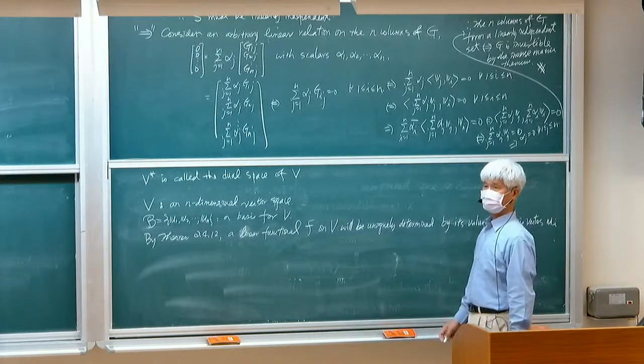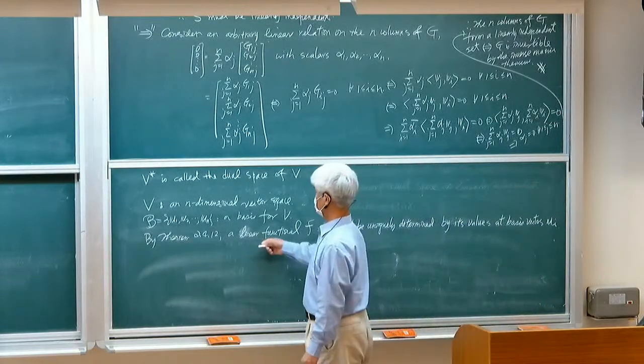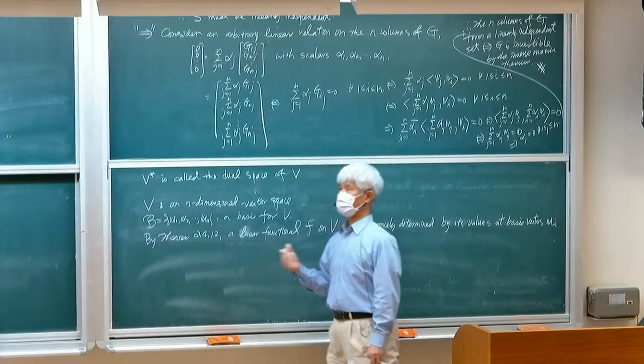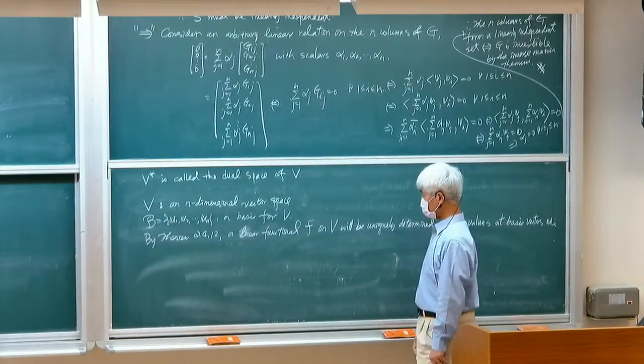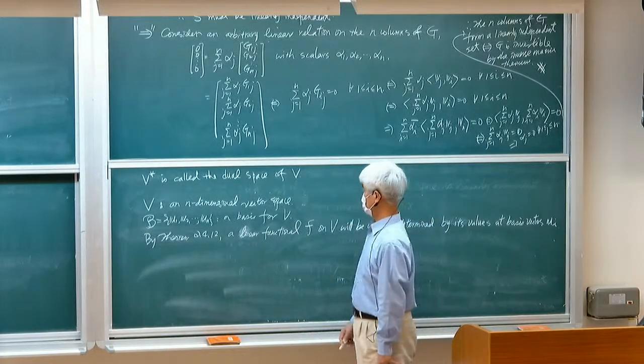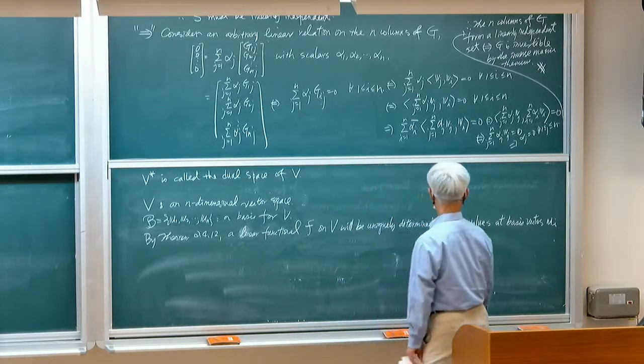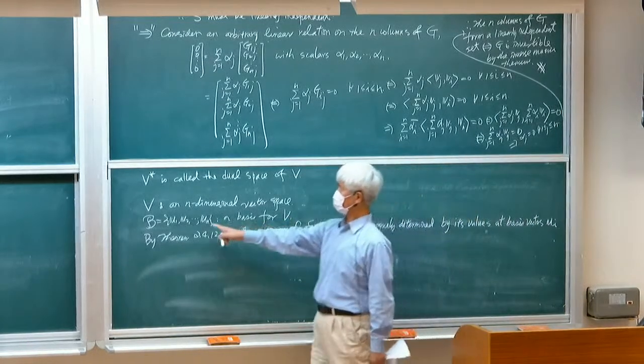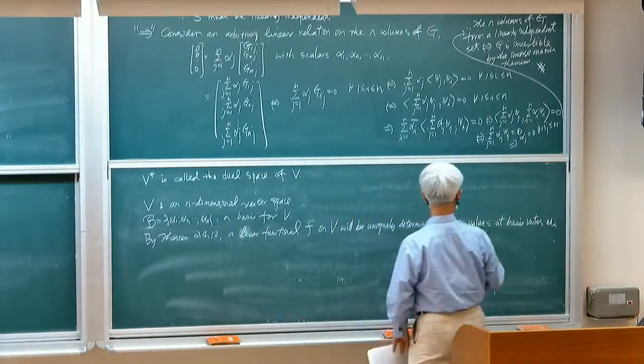This is general. So in this sense, we say any linear transformation can be determined by its values at the basis vectors.